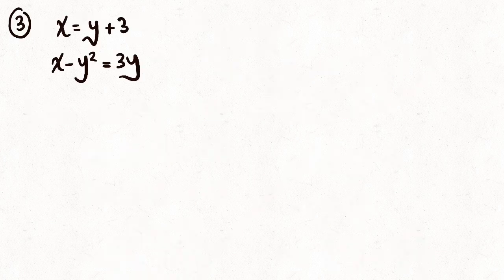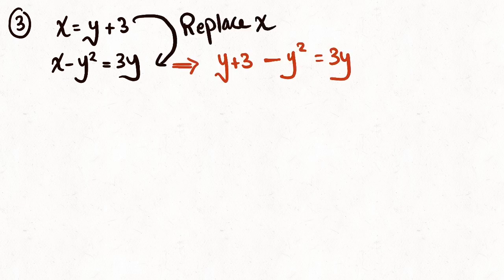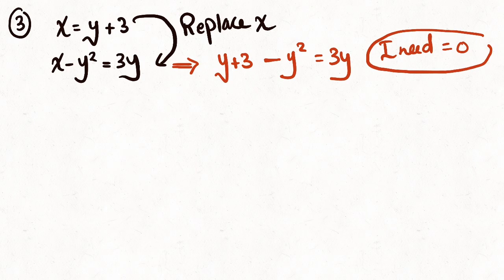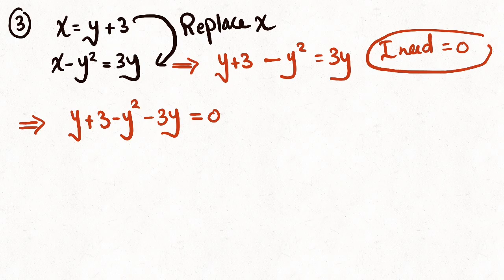Third example regarding the substitution, that when he decides to give you one of the equations in x equal or y equal, you will take one of the equations, you will replace the value of x as you can see, and be careful when you simplify. Of course, when you have such a quadratic formula, you need to simplify it and make it equal 0. Why?